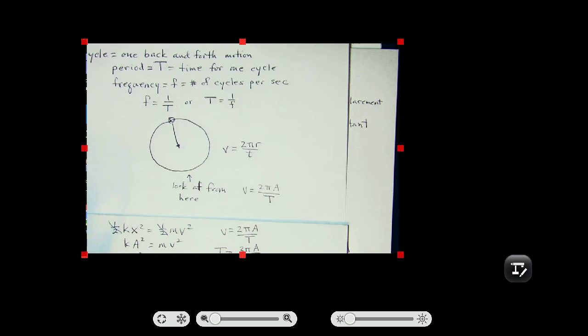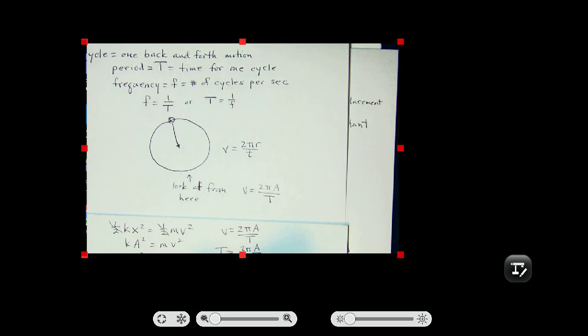Well, A over v, we said, was the square root of m over k. My period is equal to 2 pi square root of m over k for springs. For a spring, our period is equal to 2 pi square root of m over k.